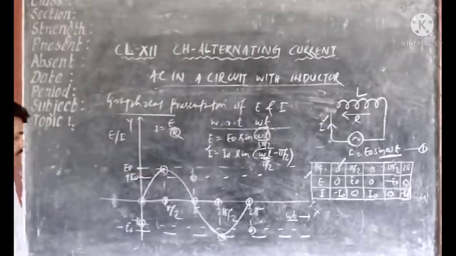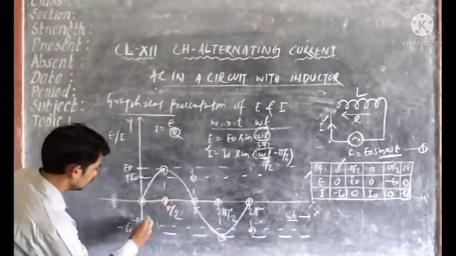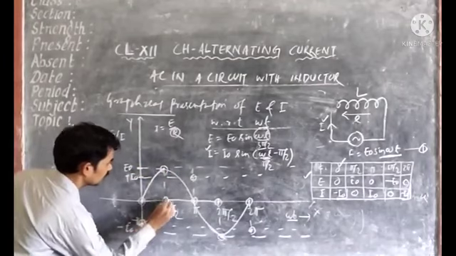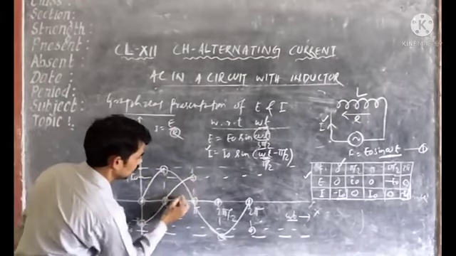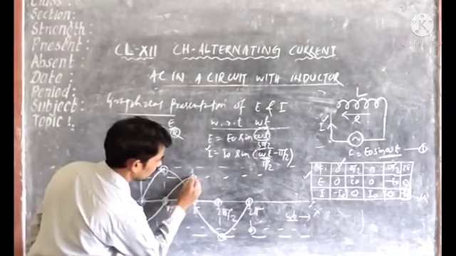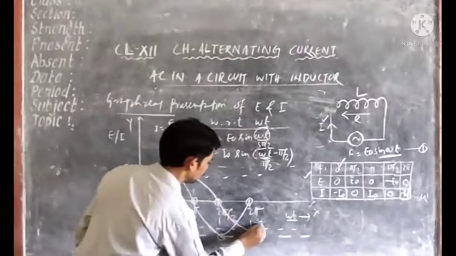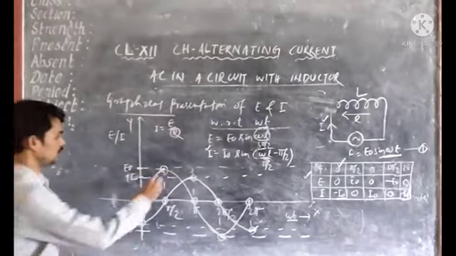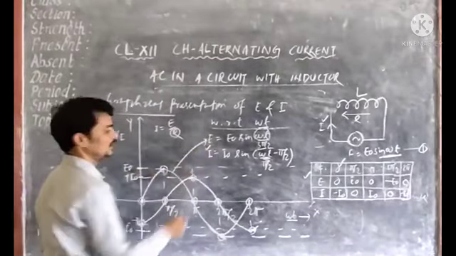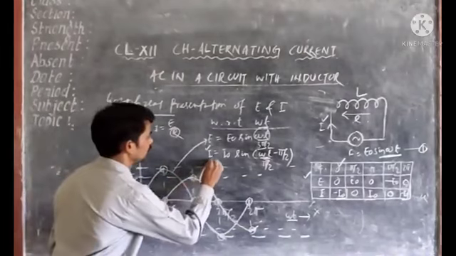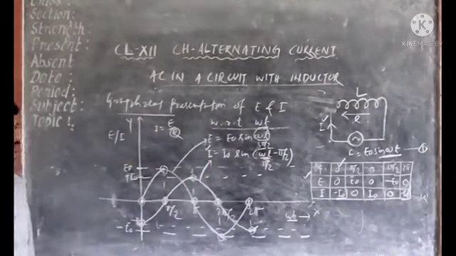So when you join these points, then you will be getting this curve. This is again a sinusoidal curve. So the first curve represents your E, and the second curve represents the current, alternating current.